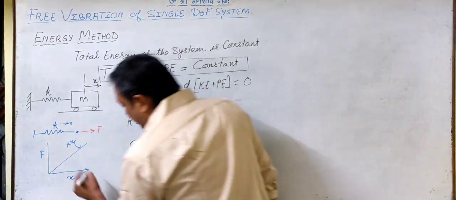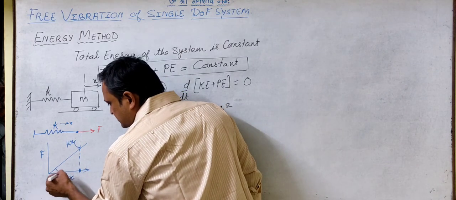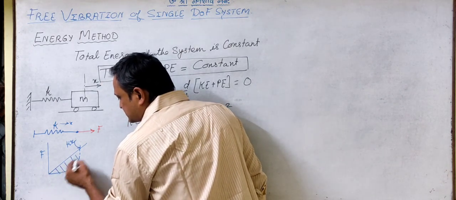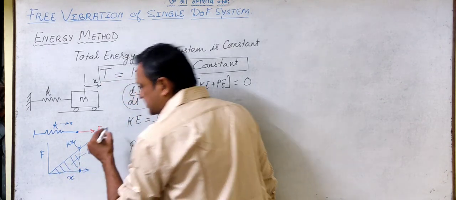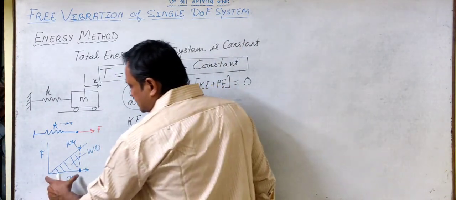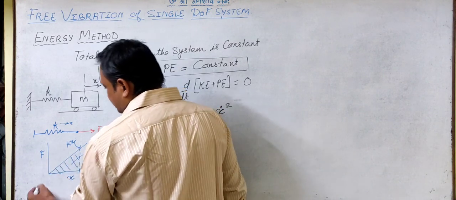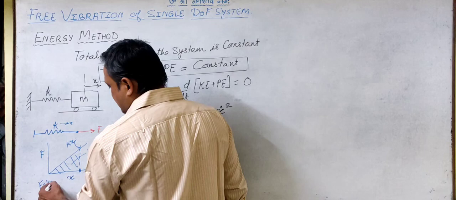And for a value of x, the area under this curve will be the work done, right? So the area under this curve will be x into F, where F is equal to kx, right?